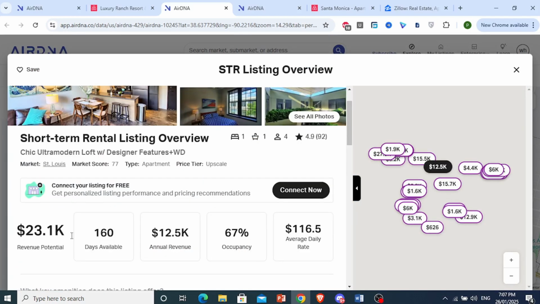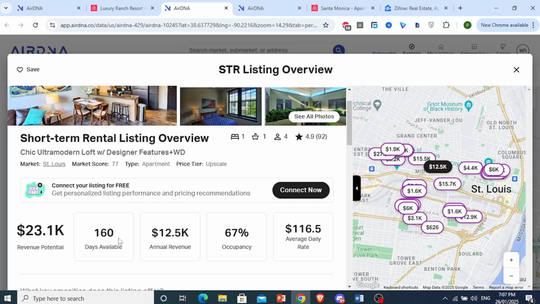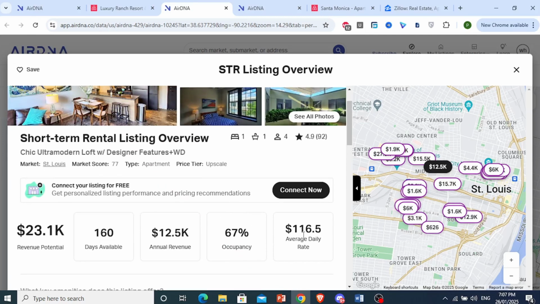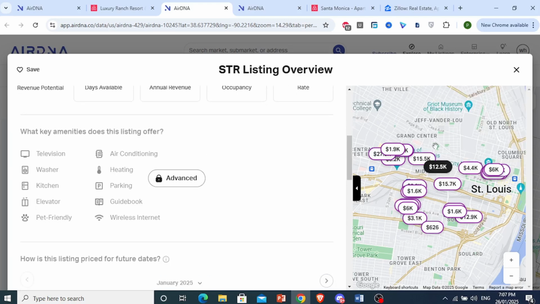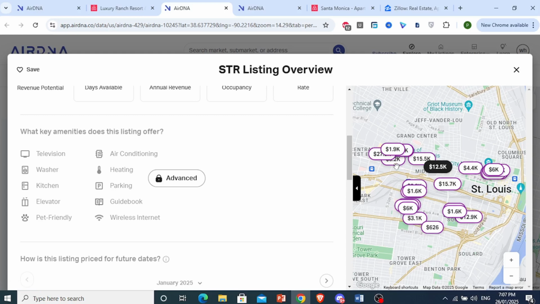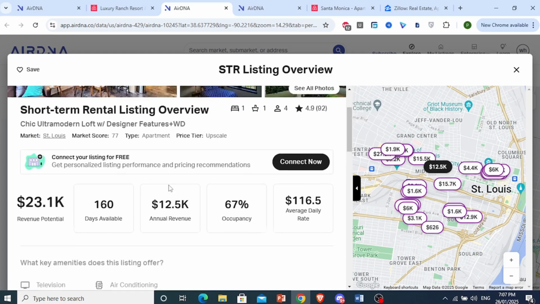So this one has a revenue potential of $23,000, but it's only doing about $12,500, available for about 160 days, and the average daily rate is only about $116.5. So you can come here, take into account similar properties to the one you would probably be buying. So you look at similar properties, see how they're doing and how you could expect to do.